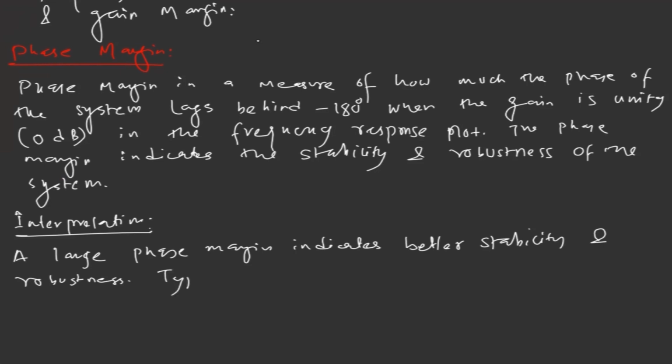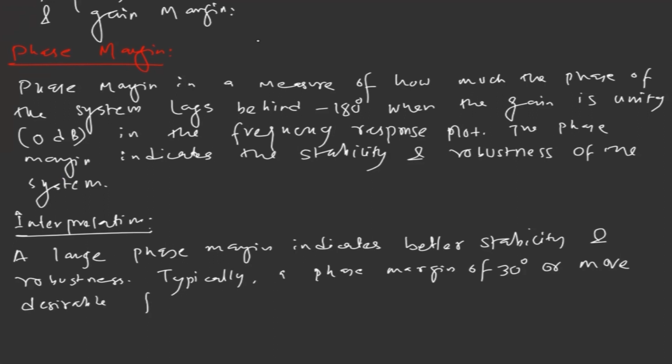Typically, a phase margin of 30° or more, basically positive values, more desirable for stability.